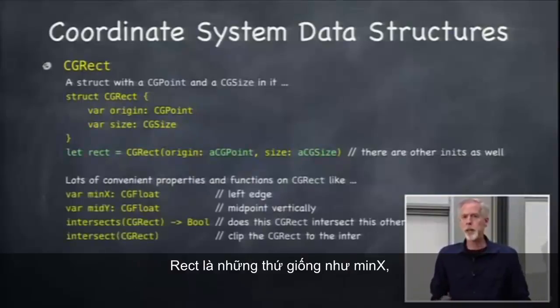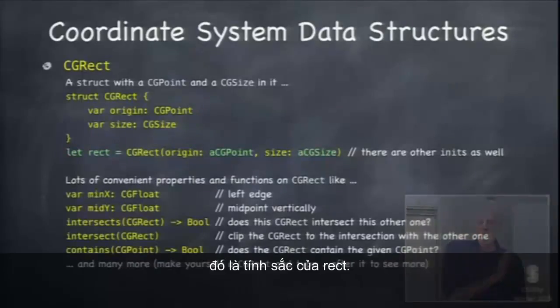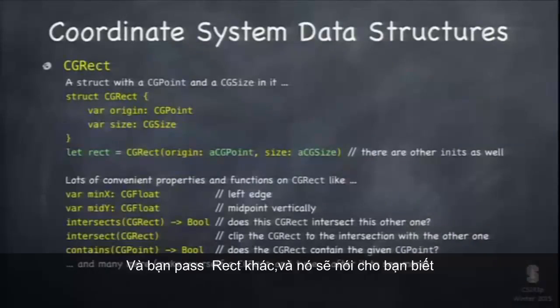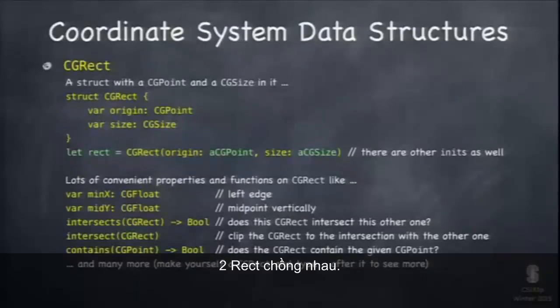Okay, rect has things like minX, which is the left edge of the rect, or midY, which is the midpoint of the rectangle vertically, or intersects, where you pass it another rect, and it'll tell you with a Boolean whether the two rects overlap. Or intersection, which says take this other rect and create a smaller rectangle, which is the intersection of those two rects. Or contains point, okay? Where you pass it a point, and it'll tell you whether it contains that point. So rect, it's a struct, but it has a lot of cool methods in there.